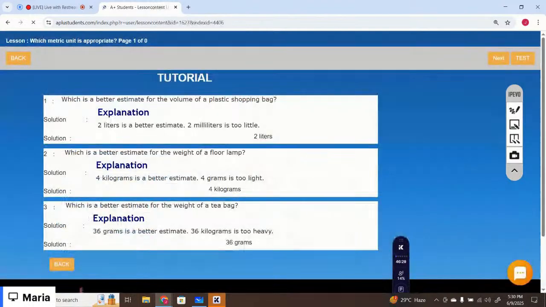Which metric unit is appropriate? Which is the better estimate for the volume of the plastic shopping bag?